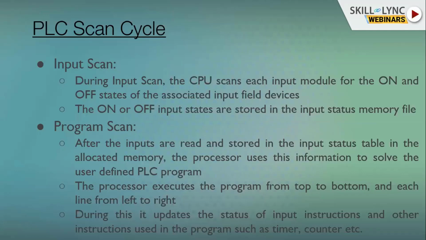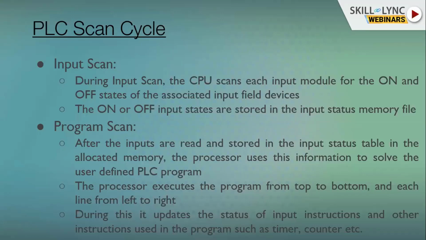While it executes the PLC program from line to line, it sees the instructions used in that line. By seeing the status of the PLC inputs and the instructions we are using there, it will decide whether we have to switch on that output device or not. So it will execute one by one. First, suppose one input point, one sensor signal, is there; it will see whether the sensor signal is on or not.